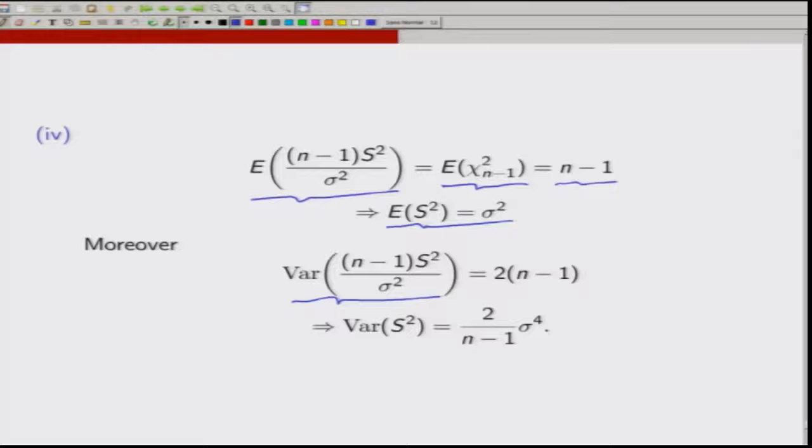So the variance of (n minus 1) s square by sigma square is the same as 2 times (n minus 1). The variance of c times x is c square variance of x. So that means (n minus 1) whole square by sigma to the 4 times the variance of s square turns out to be 2 times (n minus 1), which gives me the variance of s square as 2 divided by (n minus 1) times sigma to the power 4.